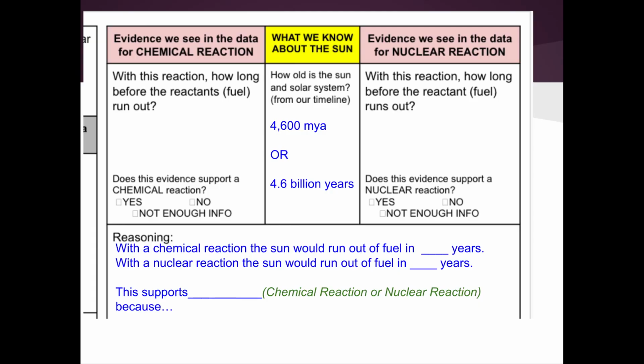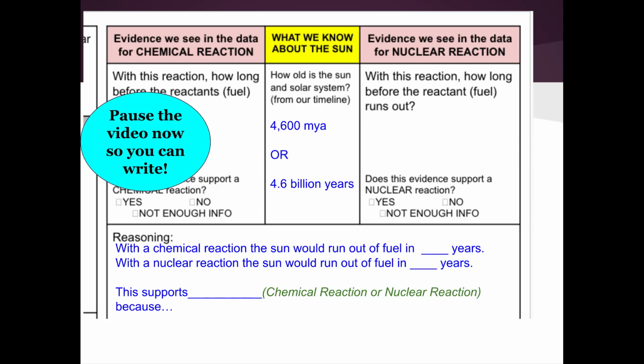And just like before, we're going to go ahead and write down our reasoning. And we're going to write that this supports either a chemical reaction or a nuclear reaction. Because, ... You tell me. Oh yeah, pause now so you can write.